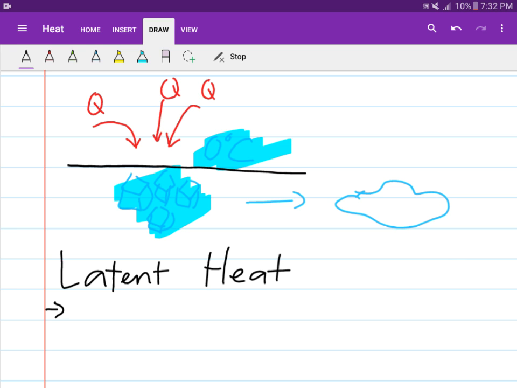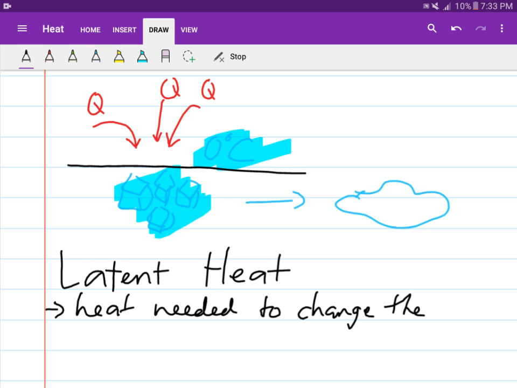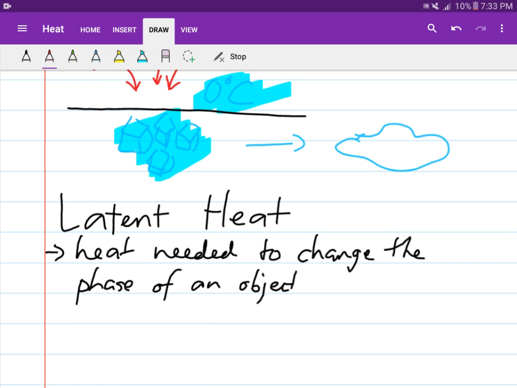So let's define latent heat. It's the heat needed to change the phase of an object without changing temperature.